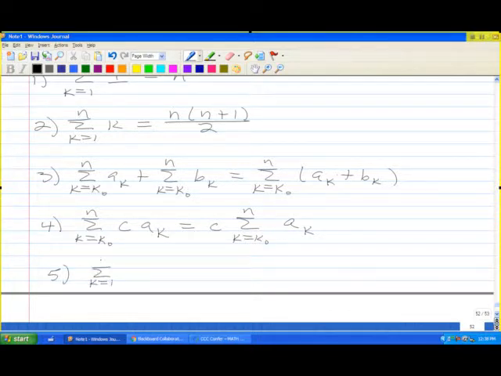The sum k equal 1 to n of k squared is equal to, did I show that?